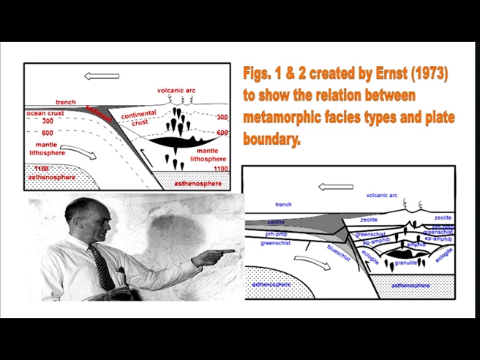The sequence of facies encountered going down the subduction zone is zeolite, prehnite-pumpellyite, blueschist and eclogite. In contrast, the sequence of facies in the island arc is zeolite, prehnite-pumpellyite, greenschist, amphibolite, granulite.